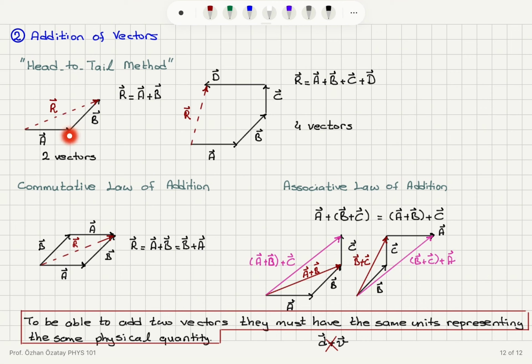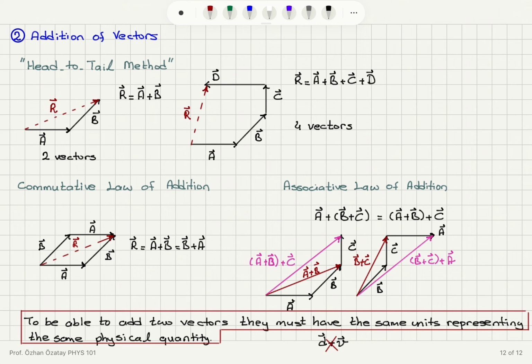So we connect head to tail, and then we draw a vector from the origin of vector A to the end point of vector B. That's our resultant vector R. So that is A plus B.